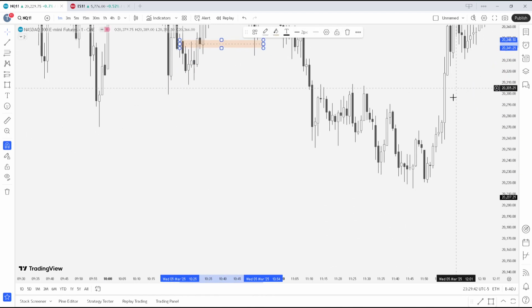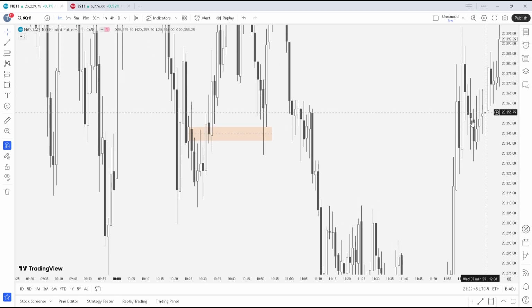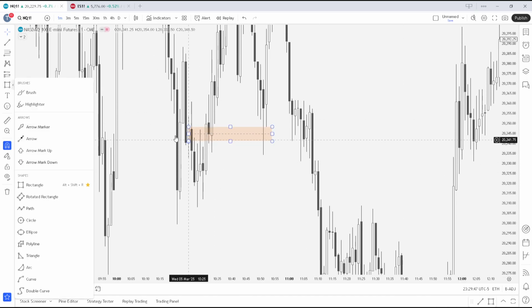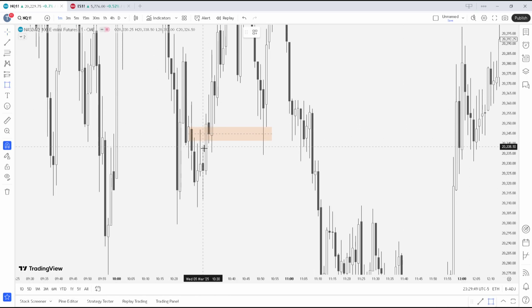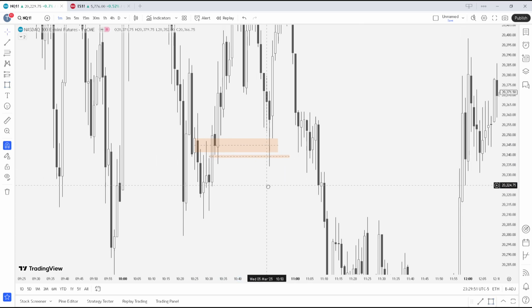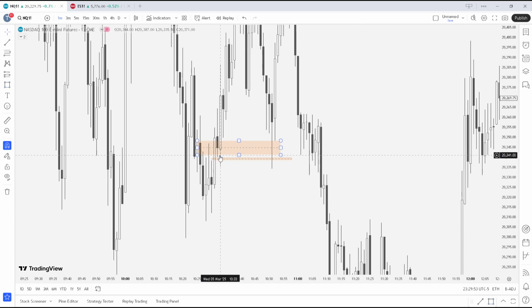And what you can see here, there is a small BISI. So it doesn't line up with the breaker if you use just the bodies, but if you use the wicks as well, then it does line up.